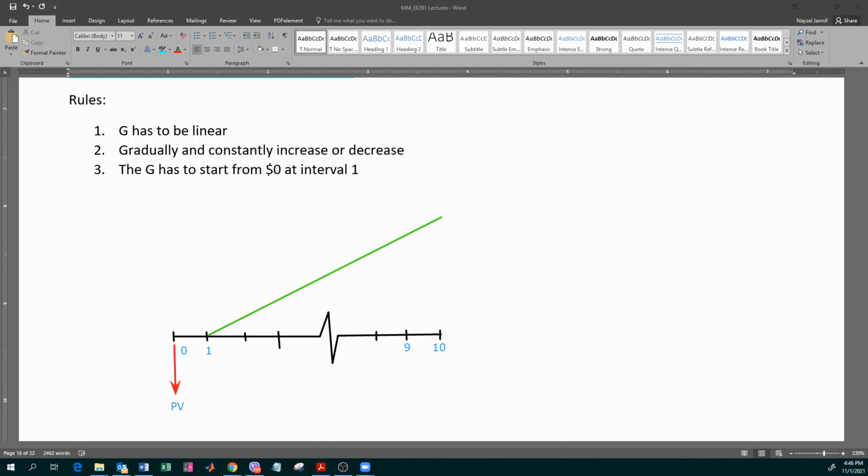Do you see what the catch is over here? What is the catch, guys? What is the catch here?